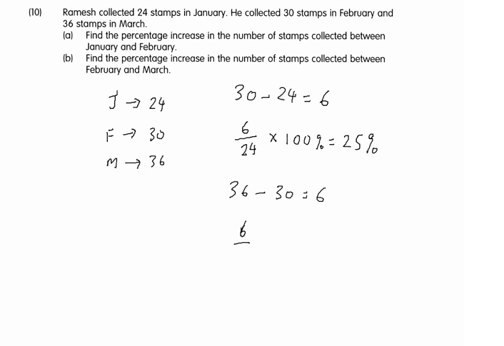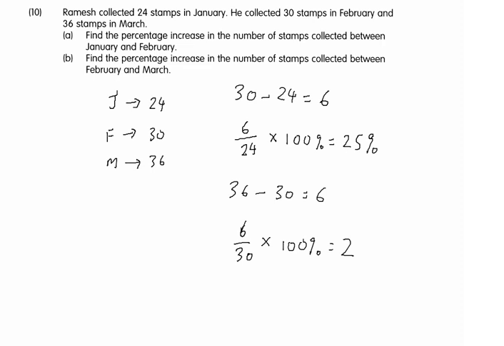So we are putting it over 30 times 100%. So when I have 6 over 30, okay, what's the percentage, Jack? 20%, because 6 over 30 is 1/5, right? 1/5, so it's 20%.